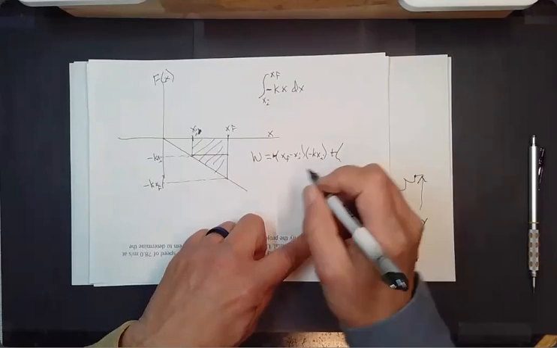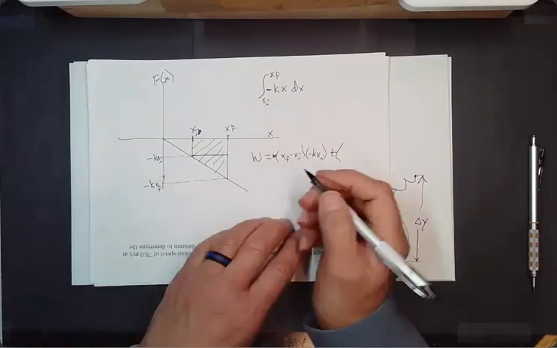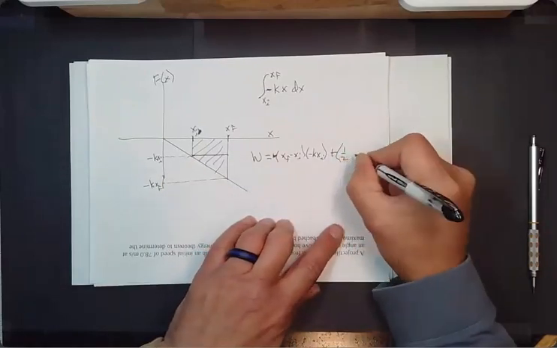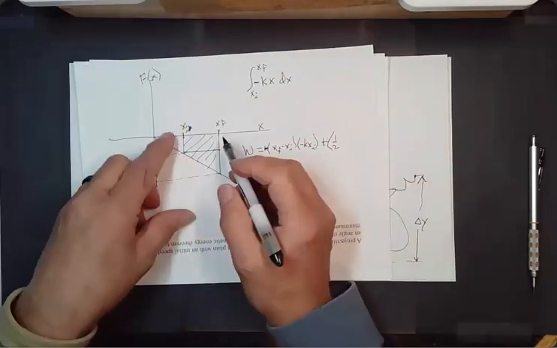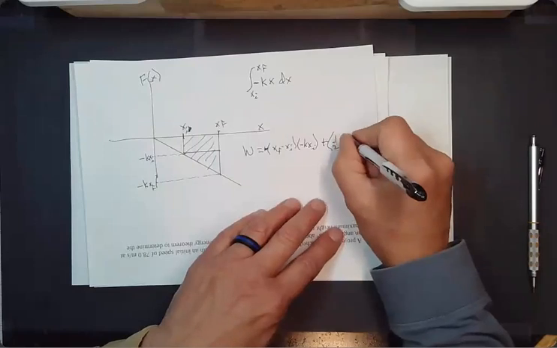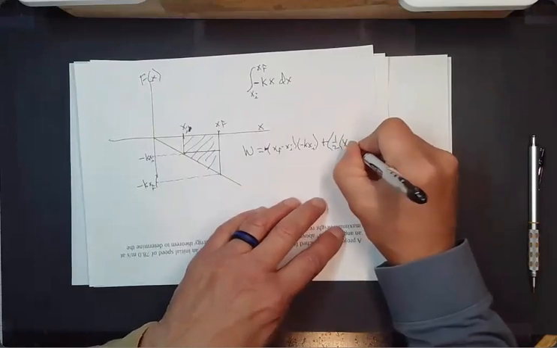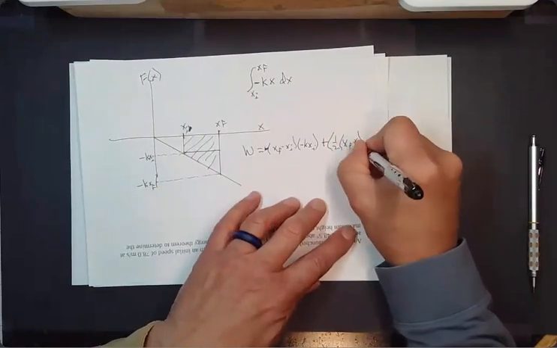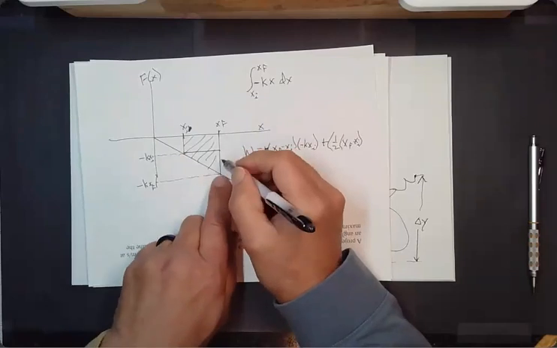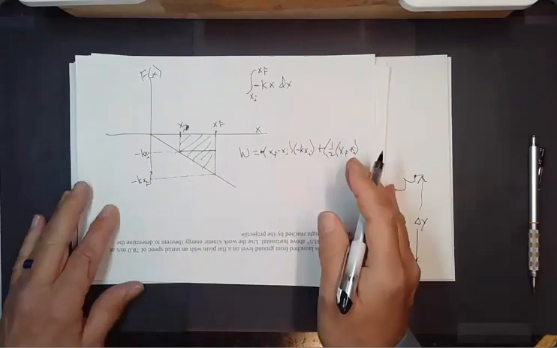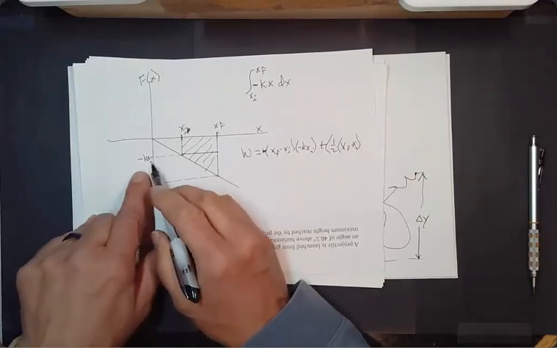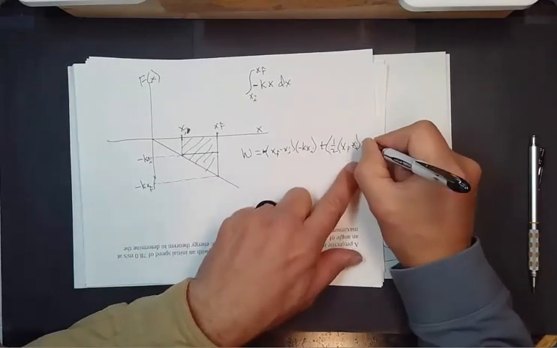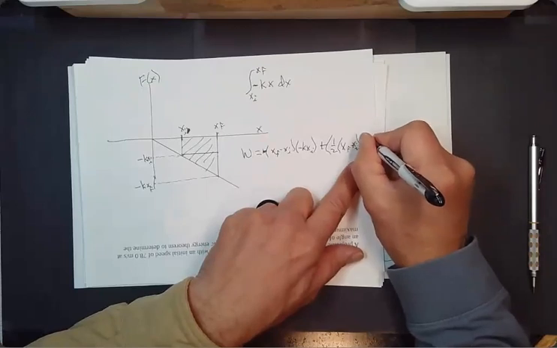Plus, well, let's see, the area of this triangle is going to be 1/2 the base of it, which is x final minus x initial, times the height of it, which is minus kx final minus kx initial. That's where the minus sign comes from.